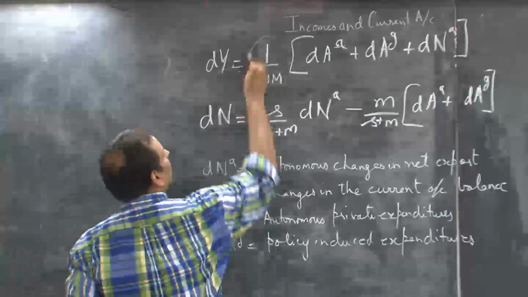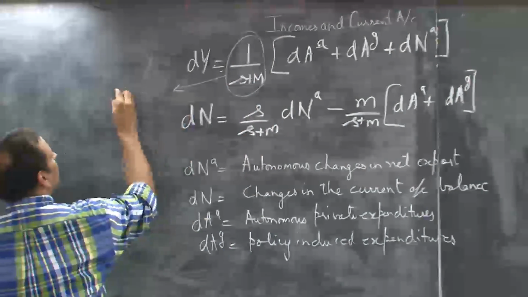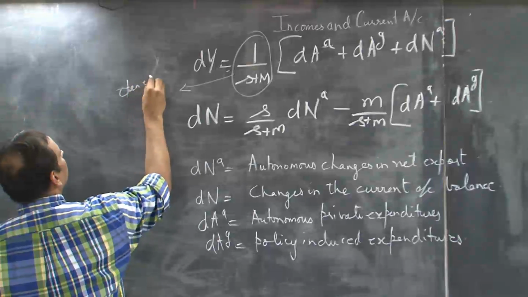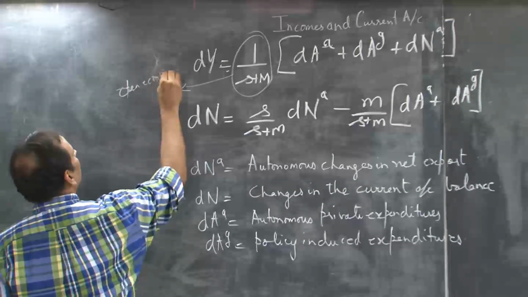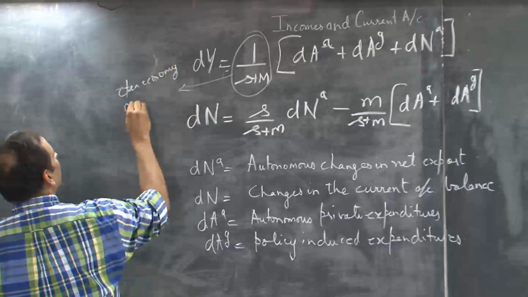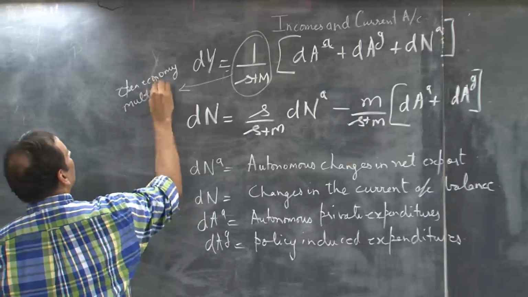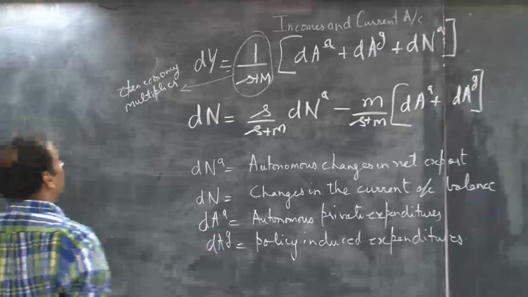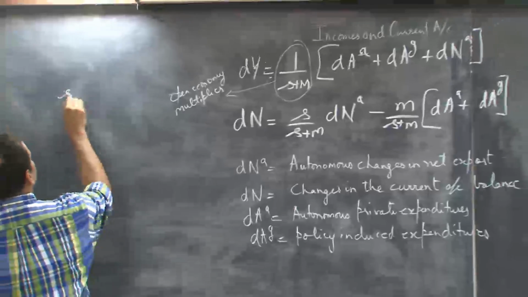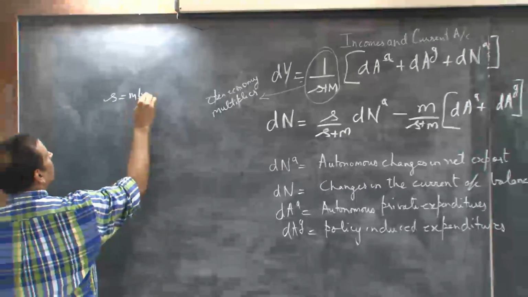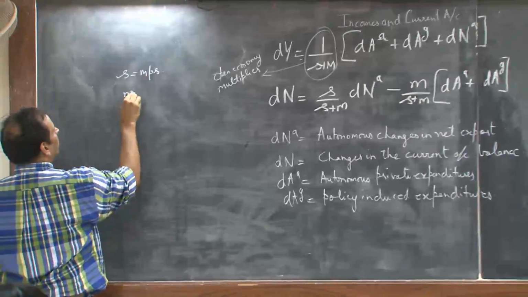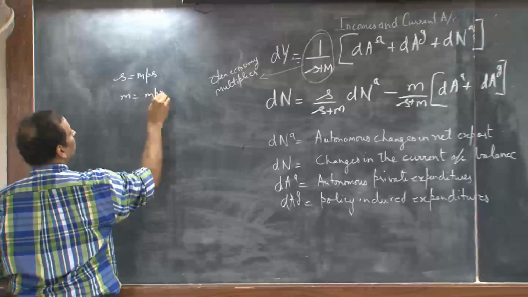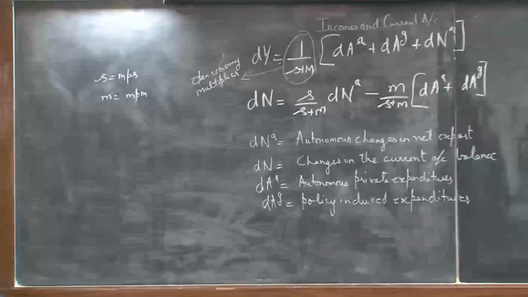This 1 upon S plus M is the open economy multiplier, wherein S is the marginal propensity to save and M is the marginal propensity to import of the country.